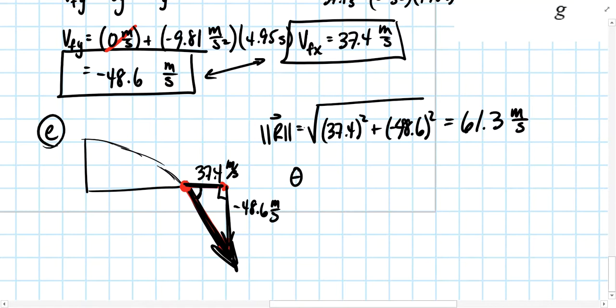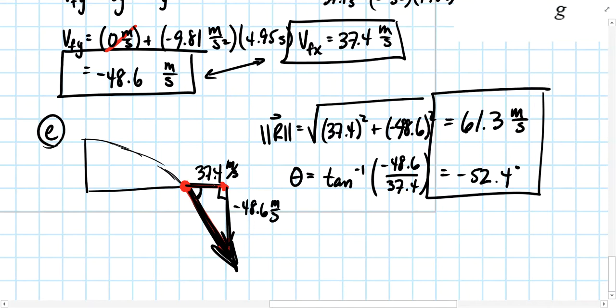The theta value involved can be solved using the inverse of tangent, and this is pretty typical because we have the opposite side length, negative 48.6, divided by the adjacent side length, 37.4, and the computed result from the calculator here is negative 52.4 degrees.